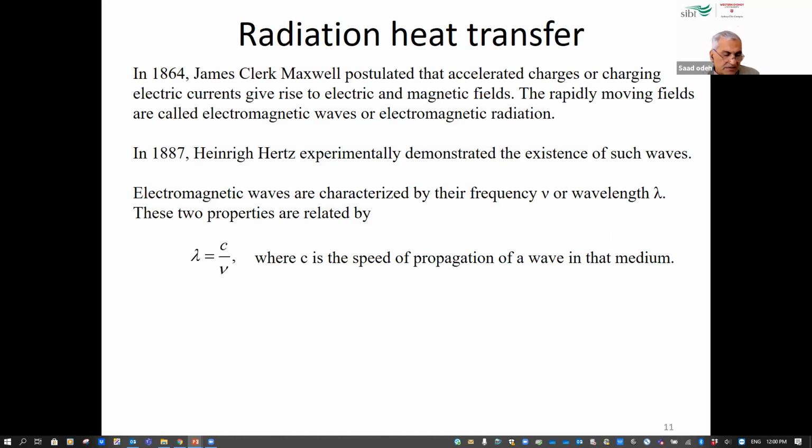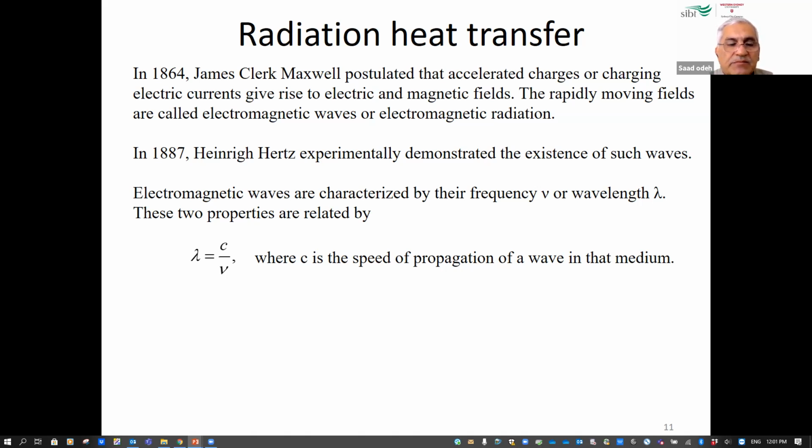So the last topic in this course is radiation heat transfer. And I think we mentioned this before. We talked about radiation in week 7. We gave you some hints about heat transfer by radiation following the Stefan-Boltzmann formula.